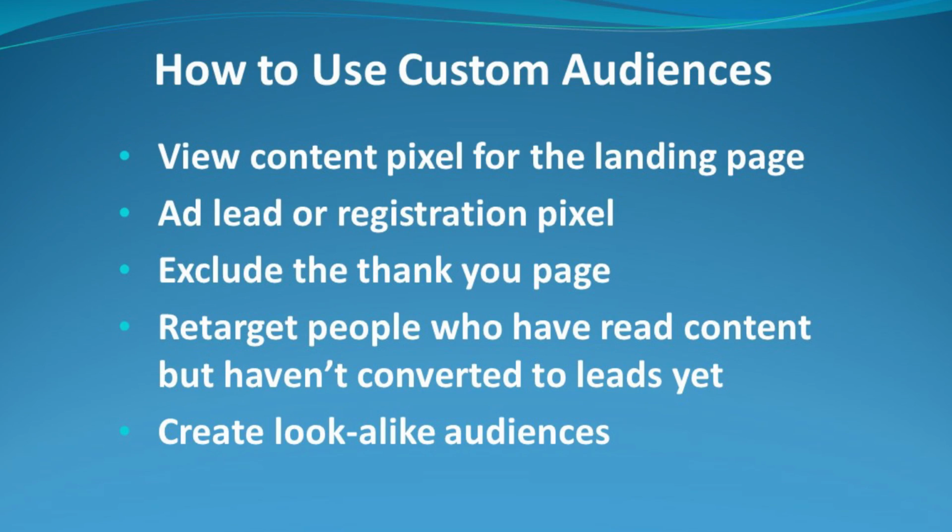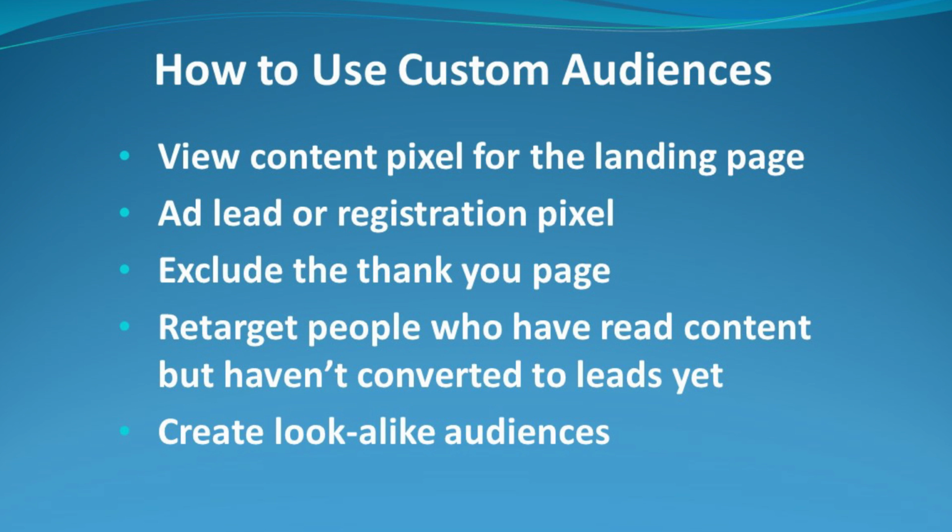So, again, you can create it by URL, or you can create it by events. How to use custom audiences. Typically, this is the type of setup that you should be using for a custom audience. You always place the view content pixel on the landing page.